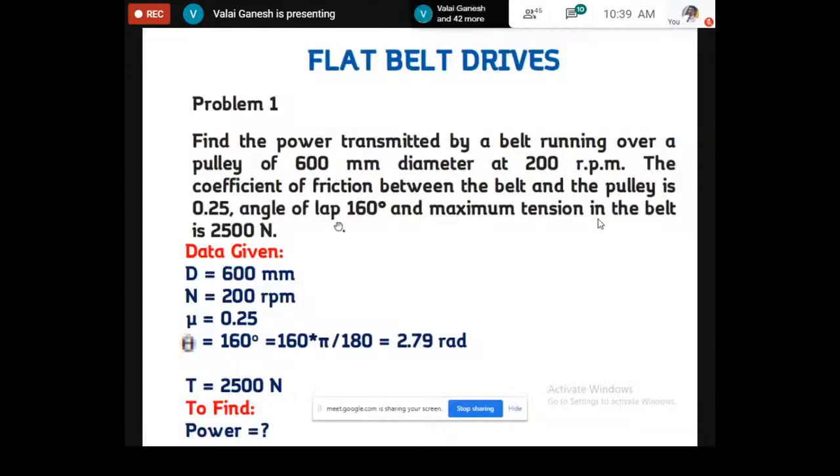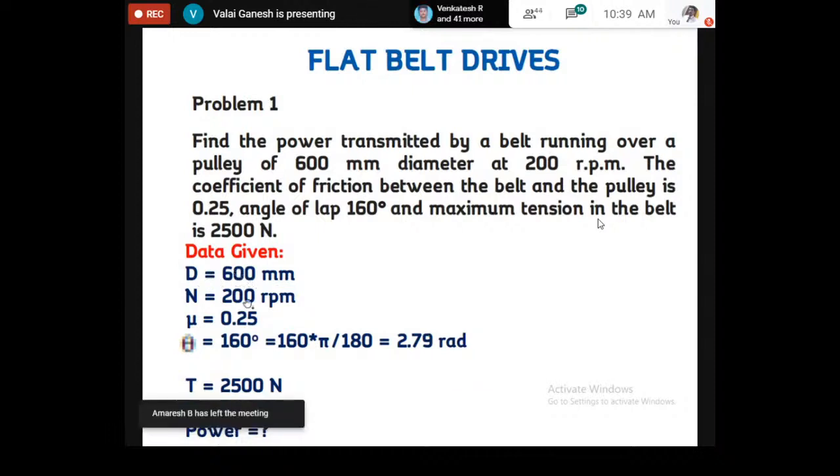So this is the data for you. Pulley diameter capital D equal to 600 millimeter, and speed n equal to 200 rpm. Mu, coefficient of friction, is 0.25. Angle of lap theta equal to 160 degree. Sometimes we may take theta as alpha also.